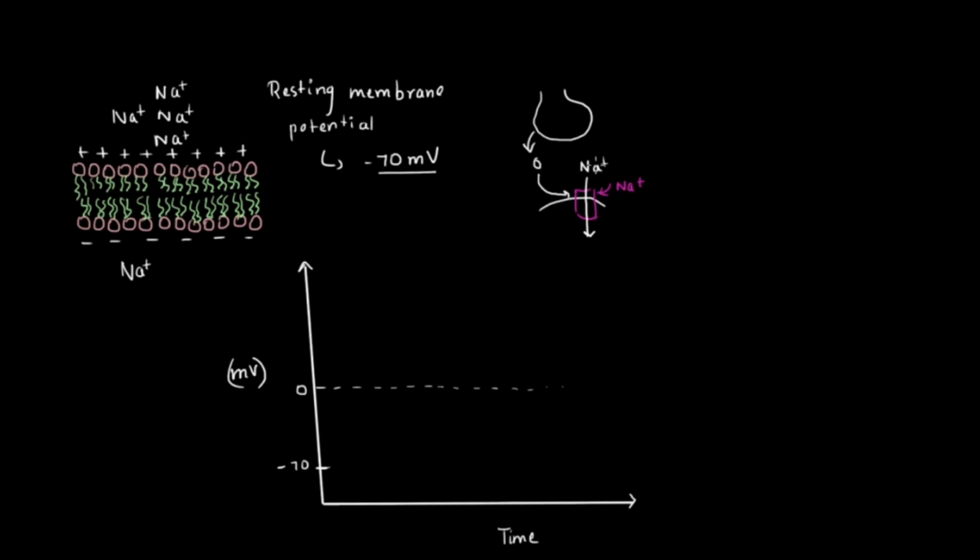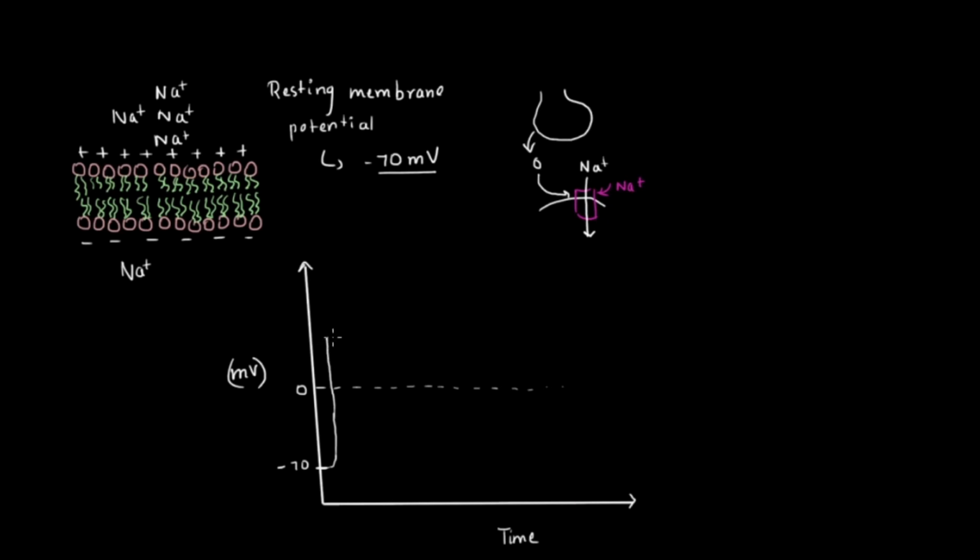So like I said, when the sodium ion gated channels open, the sodium rushes inside the postsynaptic neuron. And this causes the membrane potential to start to increase.